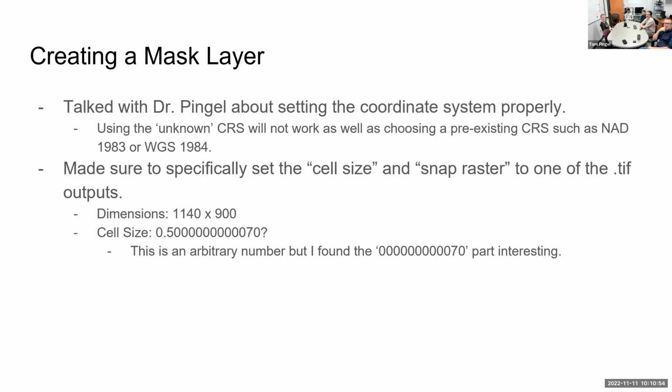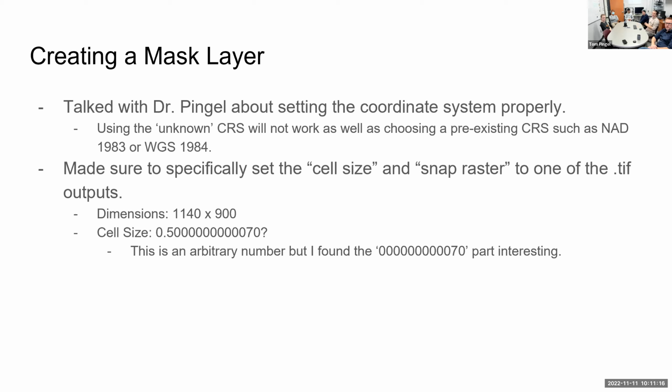So, creating the mask layer, we talked to Pingle about setting up the coordinate system properly. The .tif files have a coordinate system. It's an unknown coordinate system and it's not really referenced to anything, but it still technically exists from my understanding.